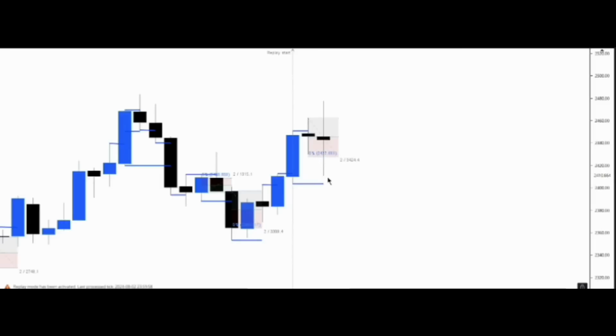Now price came to this point and moved back higher, but before it moved back higher, let's take out this fib tool. Remember, these candles are indecision candles, so you need to be very careful the way you approach the market with these indecision candles.